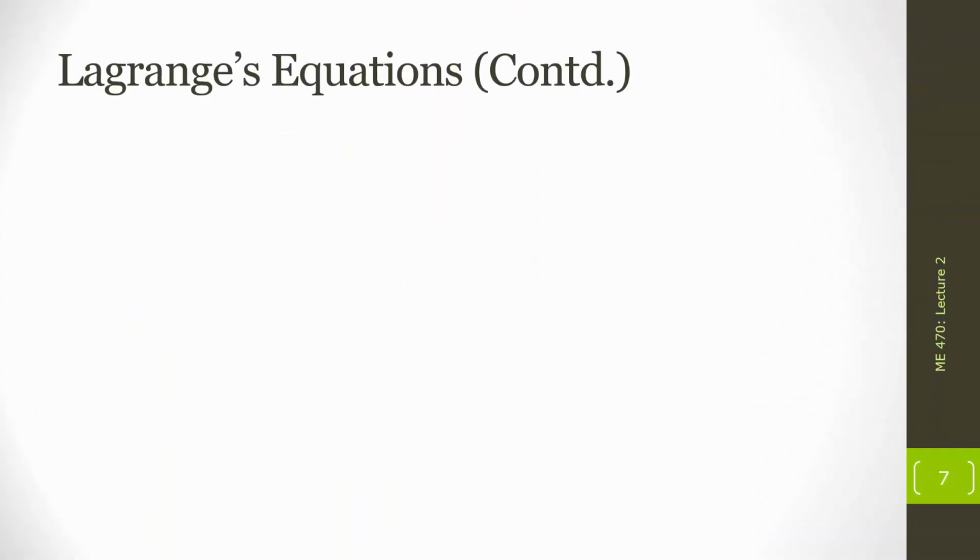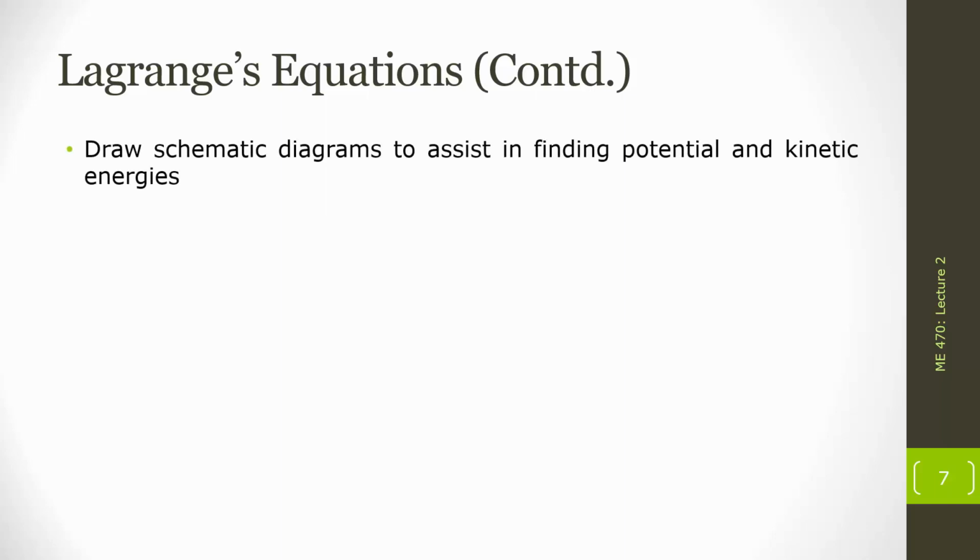So some tips for how we get to our Lagrange equations and then eventually to our equation of motion. It's going to be really helpful to draw schematic diagrams so that we can fully understand all the potential energies and kinetic energies in our system.